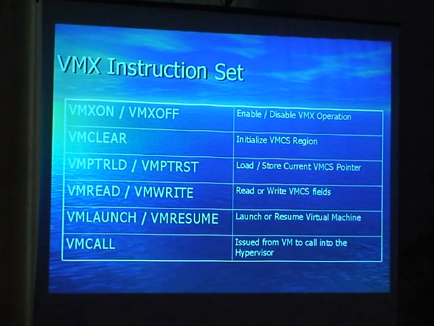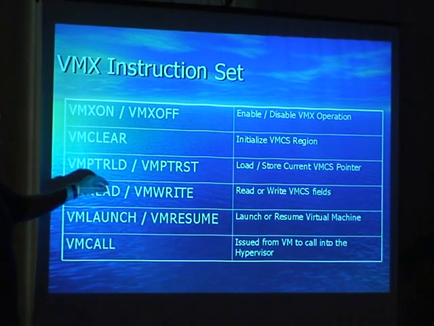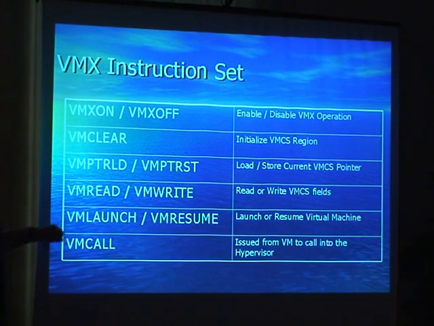Once you call clear, then you load it, and then you can launch it with a VM launch. VMX on is one of the calls that you have to do last. And then VM launch. So those are the 10 instructions.